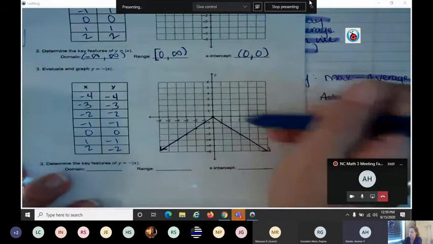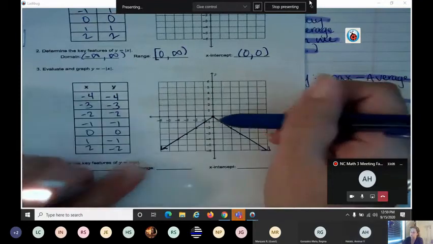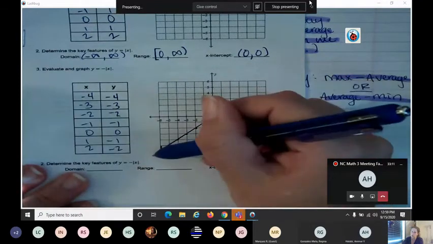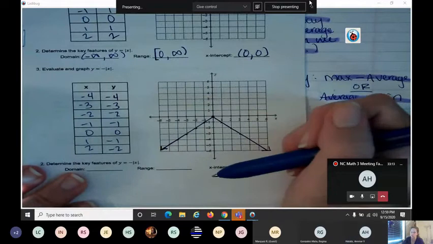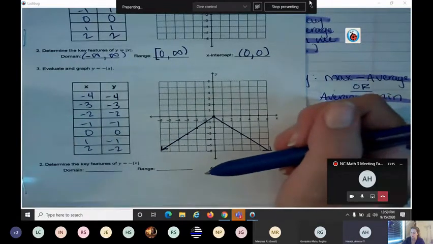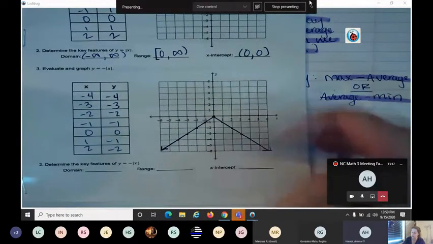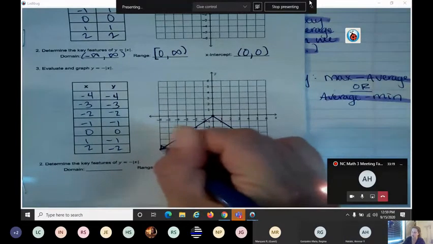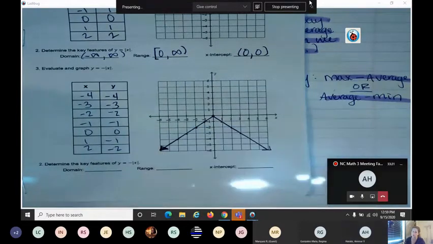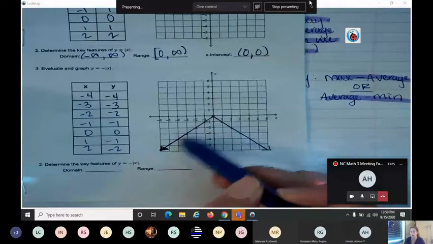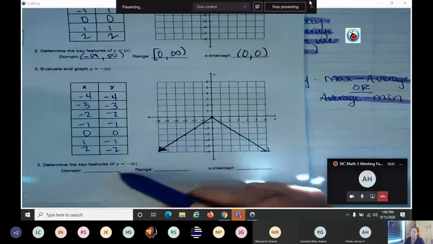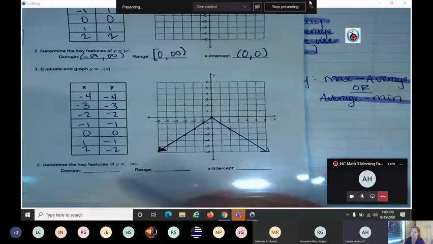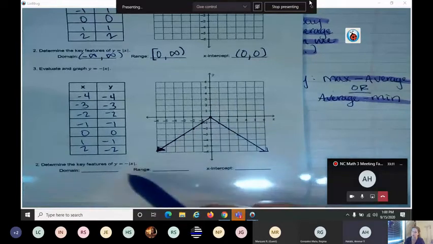Well, 3 is here, but it goes all the way over here. What's the farthest left it can go? Does it ever stop? Yeah. It does. Why is there an arrow here then? I don't know. So this arrow means that this goes on forever. What's the symbol that we use to show that it's going in this direction forever?